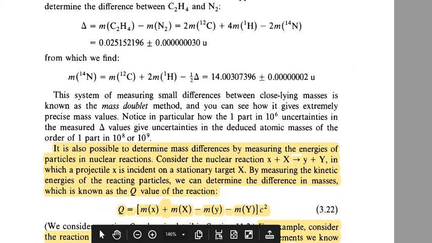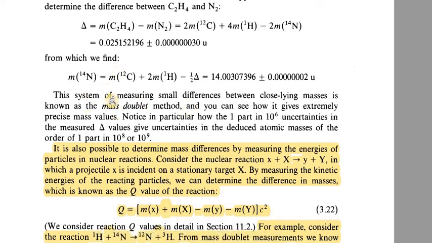This system of measuring small differences between close-lying masses is known as the mass doublet method.